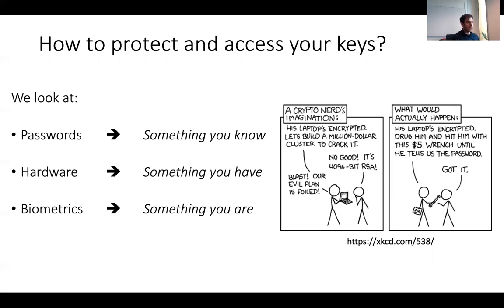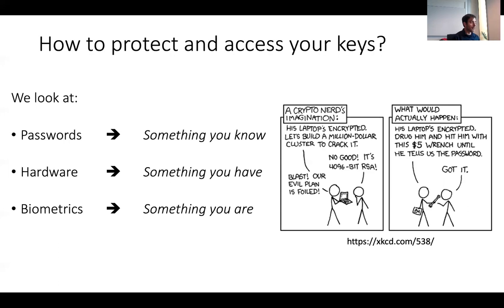Hardware is something that you have. This is something that, to a greater degree, everyone is getting used to in everyday life. For instance, using your mobile phone as a device to receive SMS codes to validate credit card transactions.